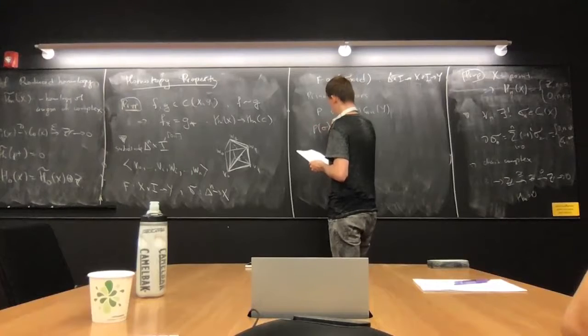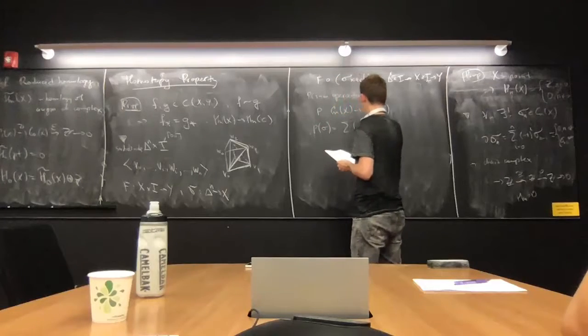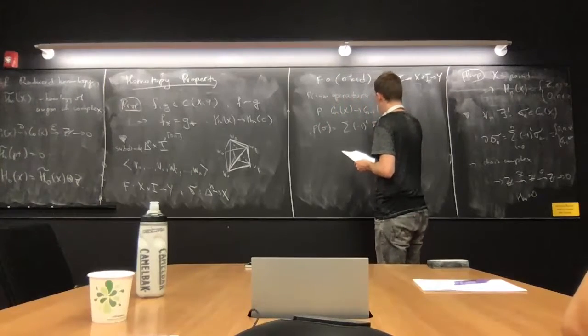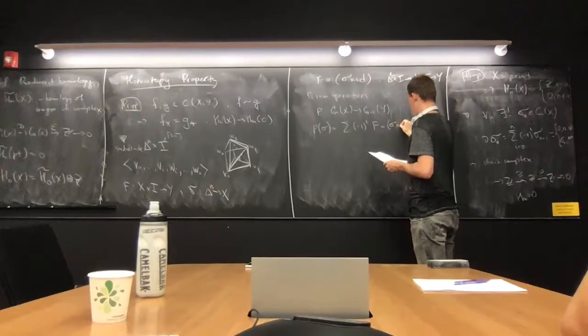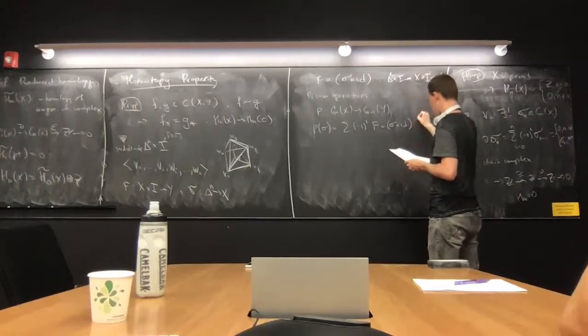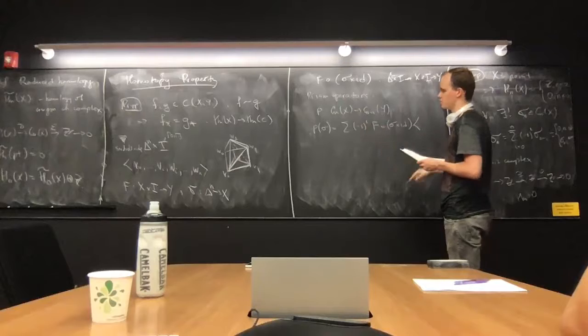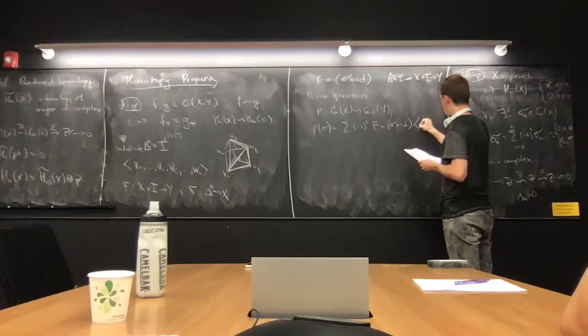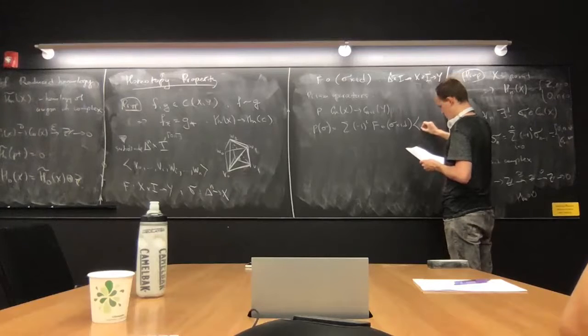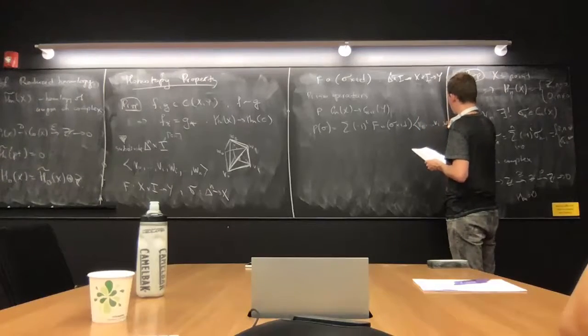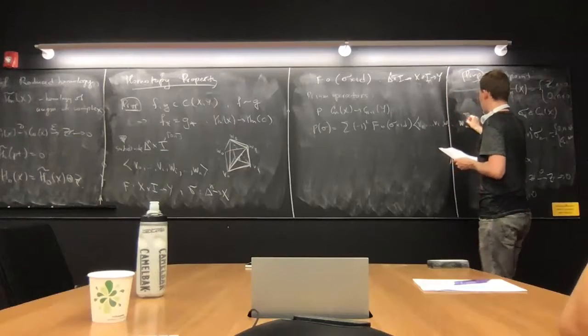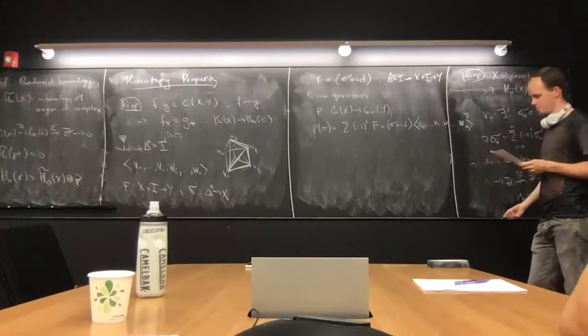Defined as P of sigma equals the sum of minus 1 to the i, F of sigma times identity, and then applied to all of these subdivision simplices V0, ..., Vi, Wi, ..., Wn. Okay.